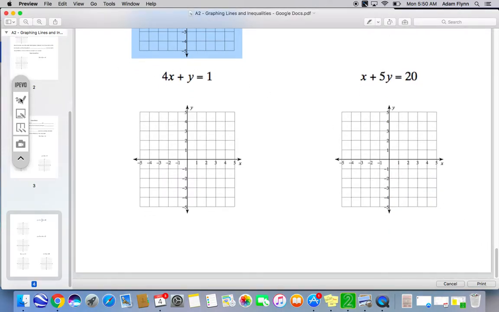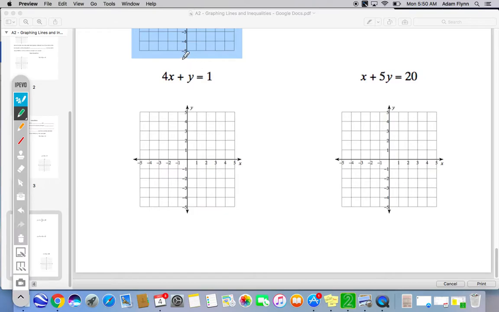Okay, so now we have two standard form equations, and we know that because our x and our y's are on the same side. So for this first one, I will use the slope-intercept form method. So I will just solve for y. Let me rewrite my equation. I have 4x plus y equals 1.